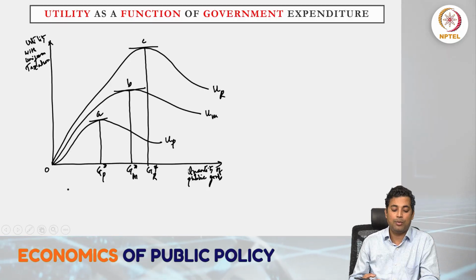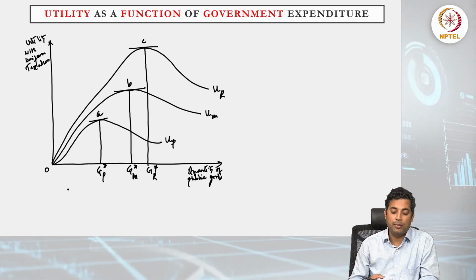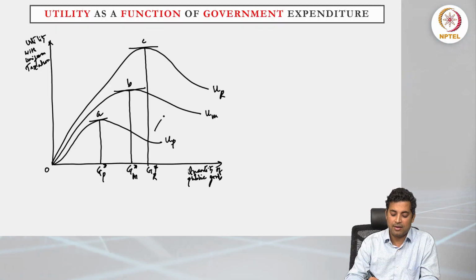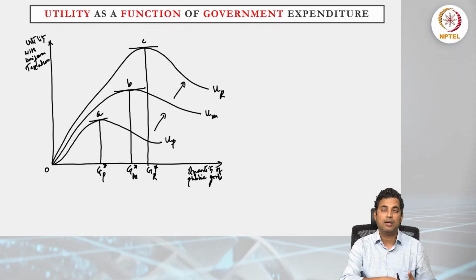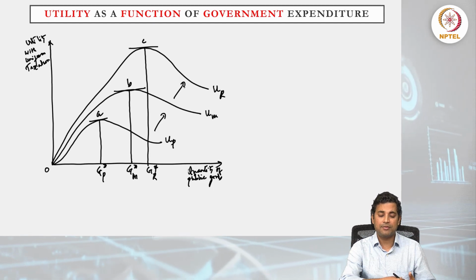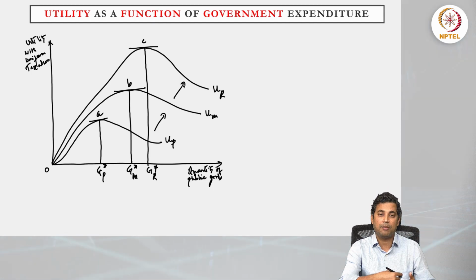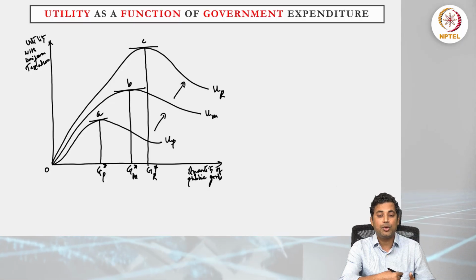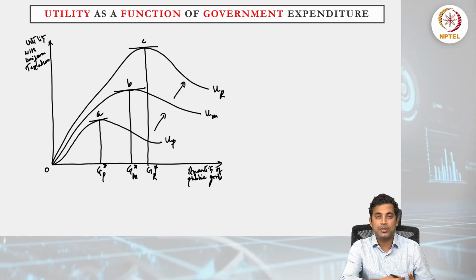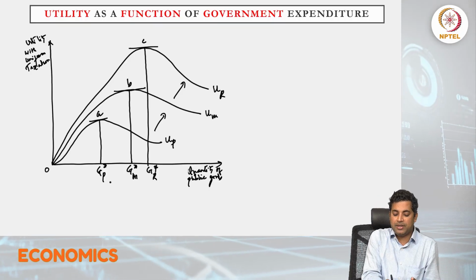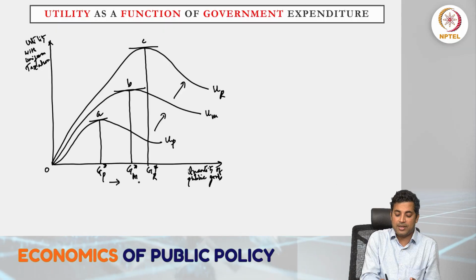This is how it will go with uniform taxation, how utility will go up and up, because the utility curve for the public goods is moving upward based on the level of income, and the total amount of public goods consumption will also be increasing as income increases.